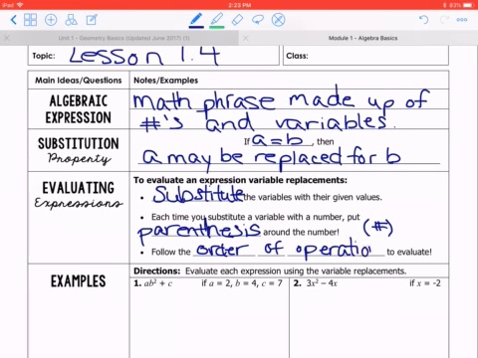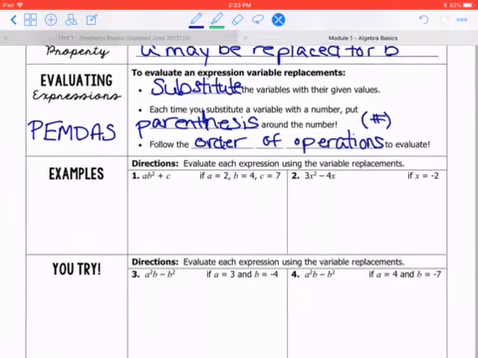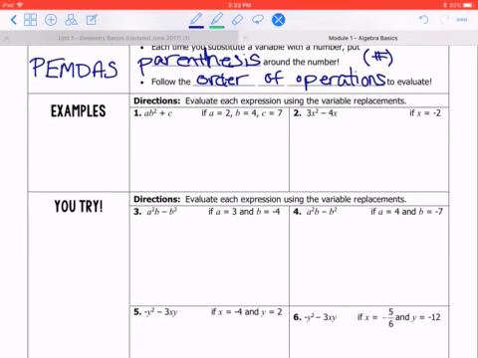Remember, order of operations is your PEMDAS, okay? If you want to put a little hint over here so that you remember, we are still using that. So we're just going to combine the properties and order of operations, and we're going to solve, okay? So let me slide up, and we're going to do a couple examples together.